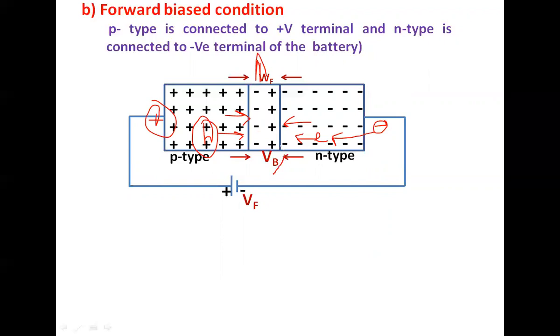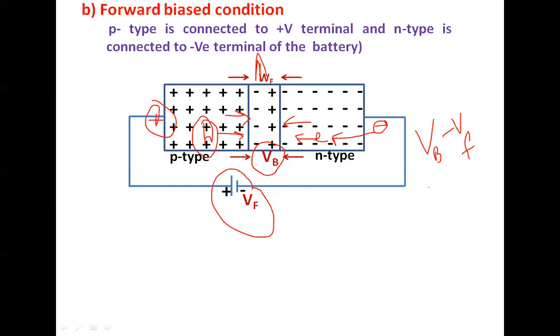Suppose Vb is the potential barrier because of the p-n junction, and Vf is the applied potential in forward bias. Now the resultant potential across this barrier will be Vb minus Vf. So the barrier potential is decreased because of the electrostatic repulsive forces between the battery terminals and the respective charged particles within the p-n junction.